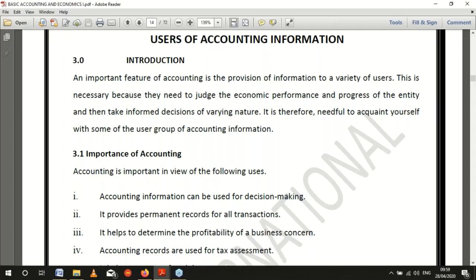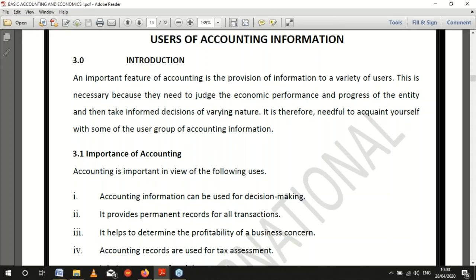Then number 4, the realization concept. This concept establishes the rules for the periodic recognition of revenue as soon as it is capable of objective measure. What we are saying is that what is coming in and what is going out must be measured.